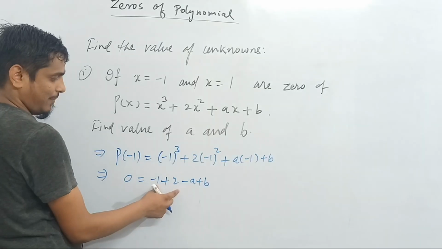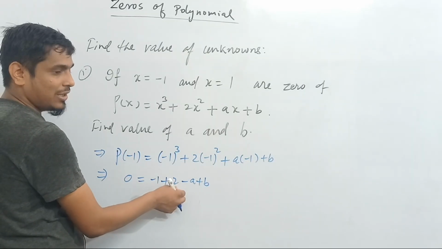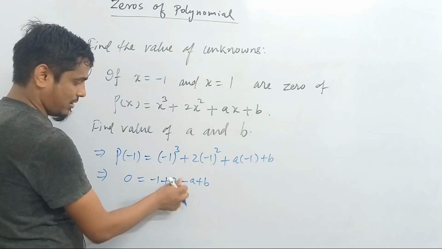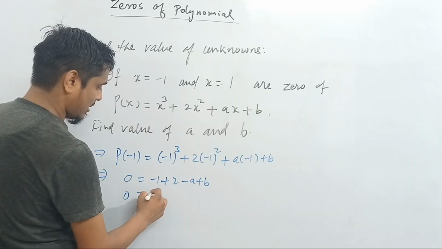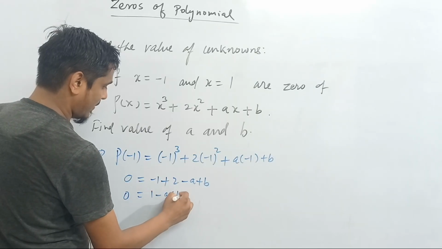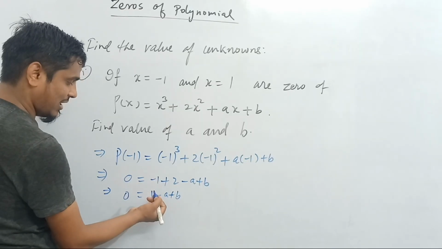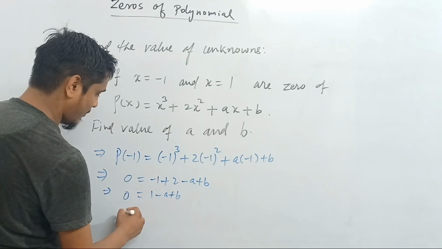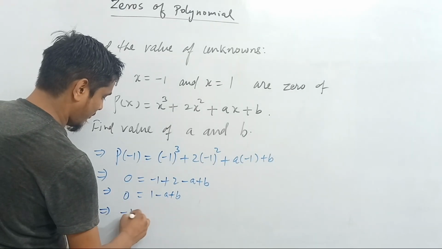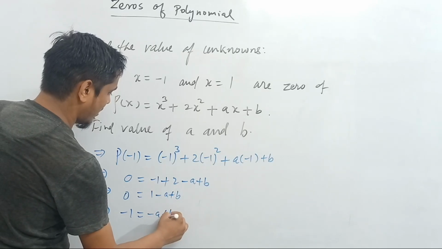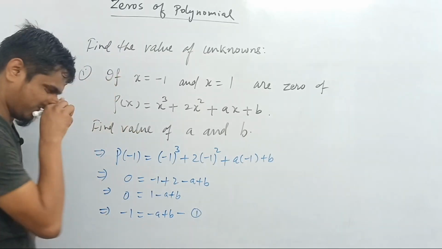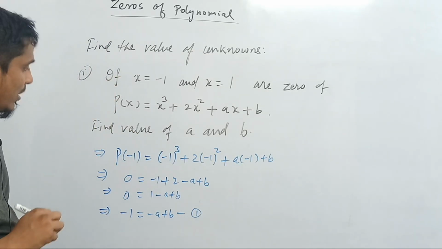Minus 1 plus 2 is plus 1, so we get 1 minus a plus b. Shifting this 1 to the right side gives minus 1 is equal to minus a plus b. This is equation number 1.